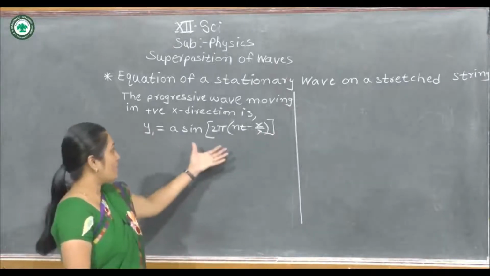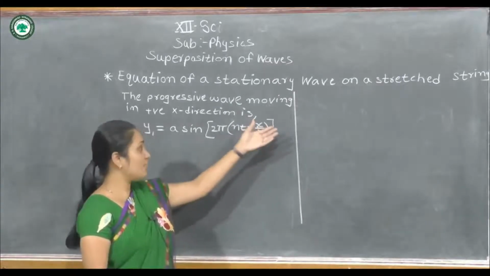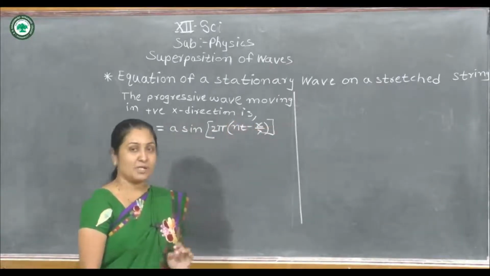So this is the equation of a progressive wave which is moving along the x direction.